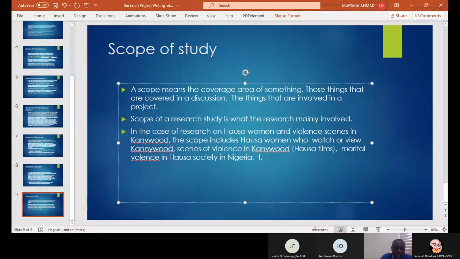You can say maybe you want to look at 3 Hausa films. You can bracket them, 3 Hausa films. I don't know most of the Hausa films, but if there is any Hausa student in the class, I think that person should be able to help us and give us the name of the film.